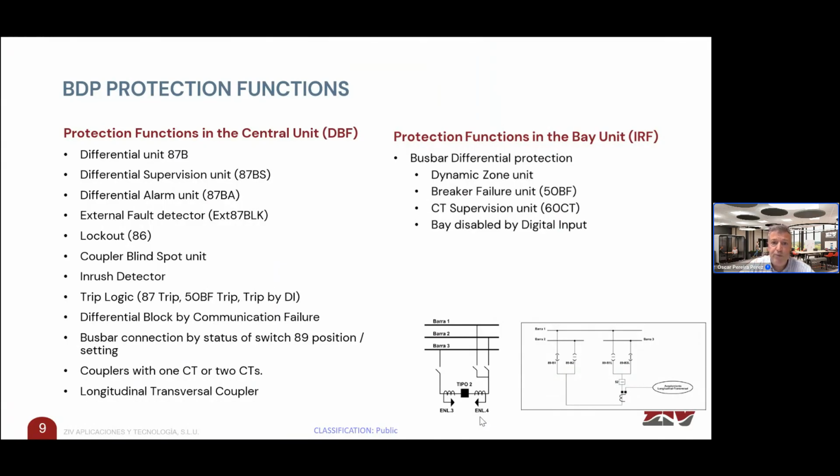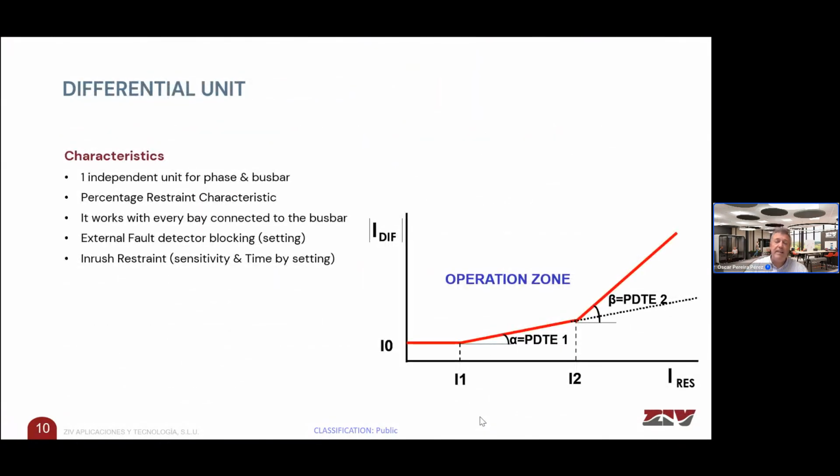And now I think we have 4 or 5 minutes left, so very quickly, I will just give you some words about some of the protection functions. But of course, we can have time at the end of this presentation for further discussions, or even in the following days.